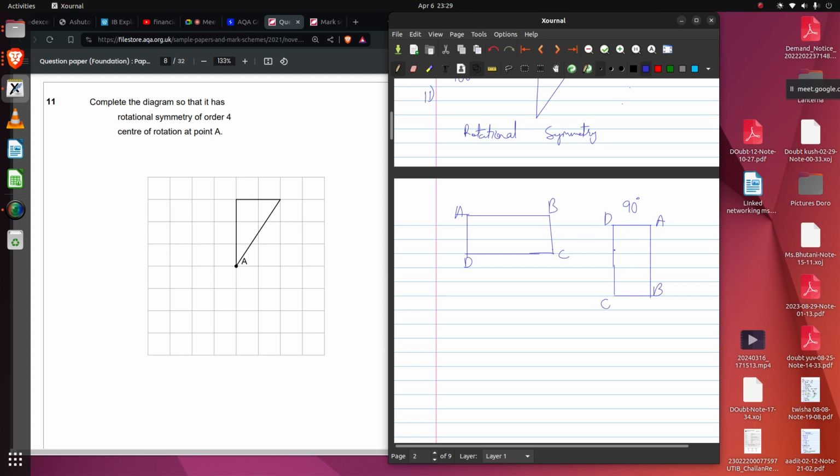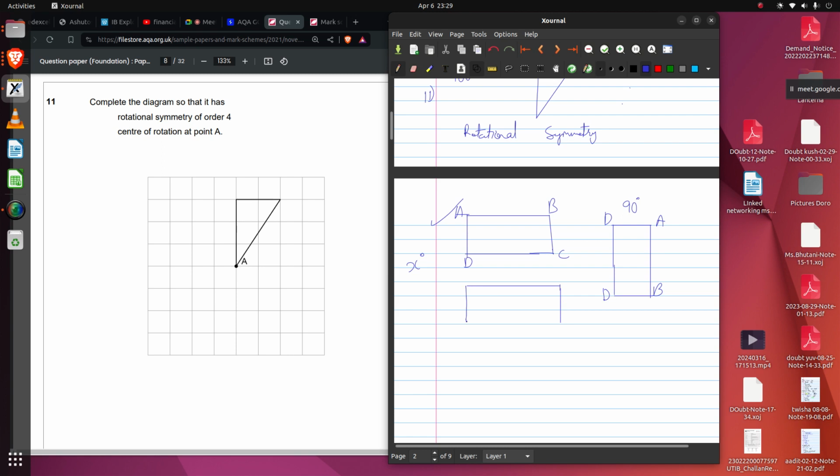But it does not look the same shape as the original diagram. So rotational symmetry is what? After rotating for x number of degrees, it should look exactly like the original shape. That is the meaning of rotational symmetry.